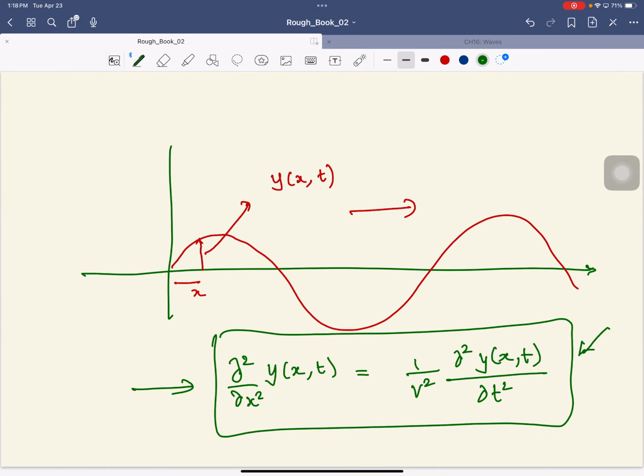No matter where you hit the string, and Alex could be hitting it at one end, and Dalton can be hitting it on the other end, and no matter what kind of vibration you set up on that string, that guy has to satisfy this differential equation.